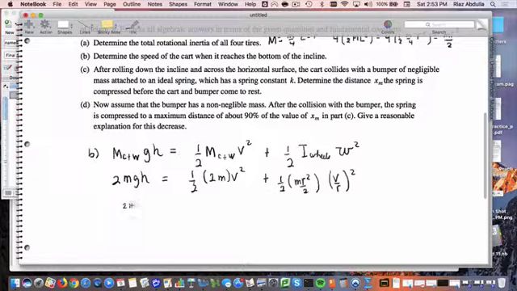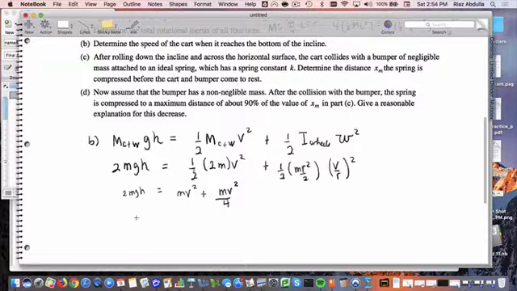So we have 2mgh equals mv squared plus mv squared over 4 when everything cancels out. So we're going to end up getting 2mgh equals 5/4 mv squared.